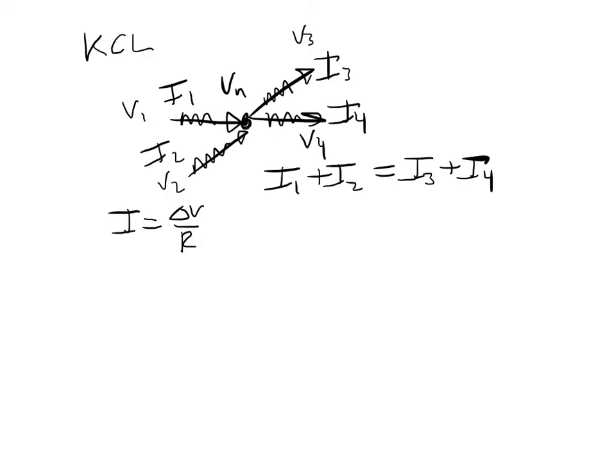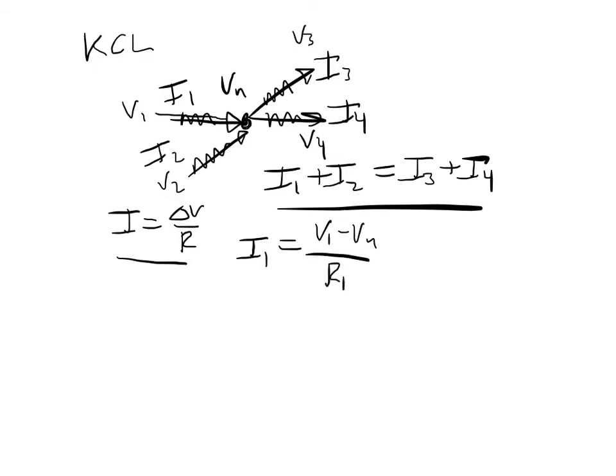Well, we can take each current in our Kirchhoff's current law equation and replace it with an equivalent Ohm's law expression. For example, I1, because current is going from left to right, we know that V1 has to be greater than Vn, so the delta V is V1 minus Vn over R1. Similarly, I2 is V2 minus Vn over R2.